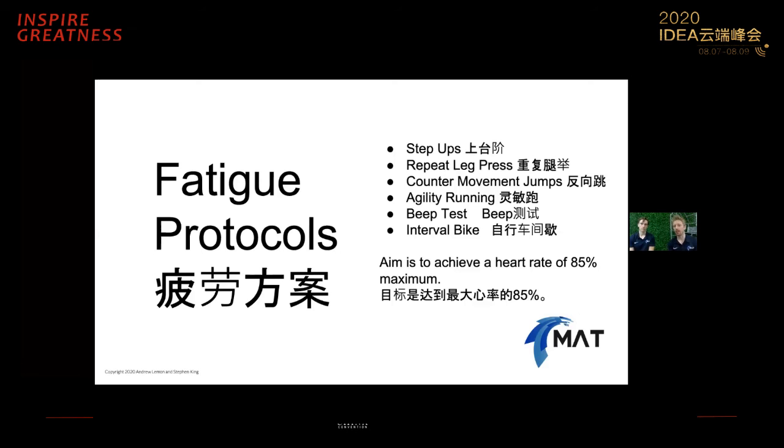But if that's not possible when you're working with your athletes, some things you can do are things like step ups, repeated leg press, greater than 25 repetitions, or counter movement jumps.